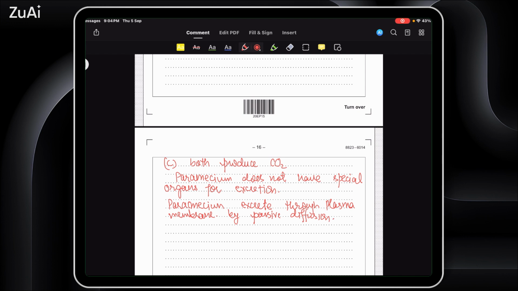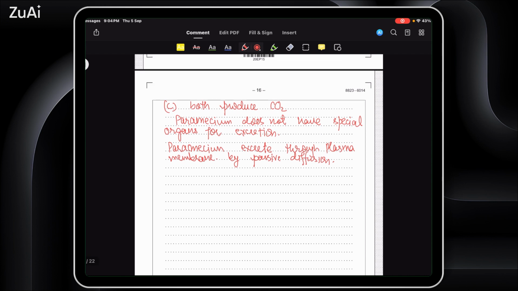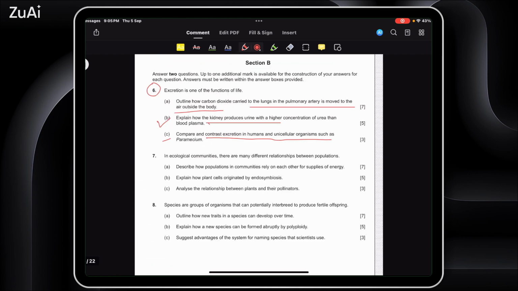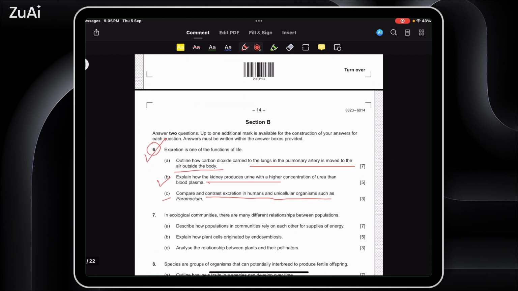And the last thing which is very important: humans excrete urea, whereas paramecium excretes ammonia. That's the end of the 6th question.